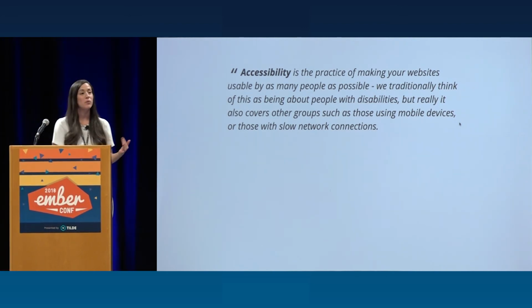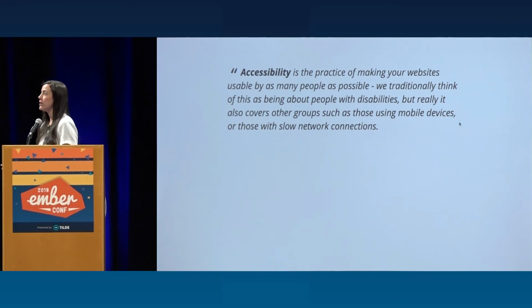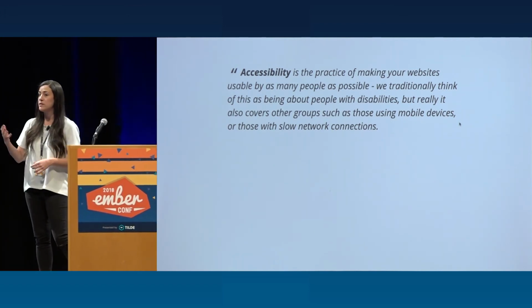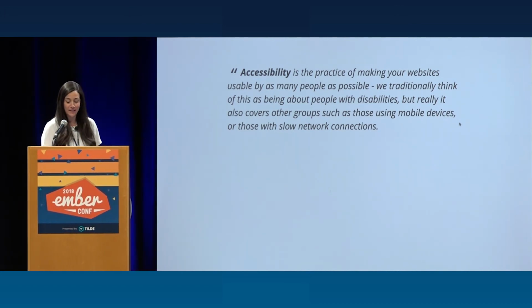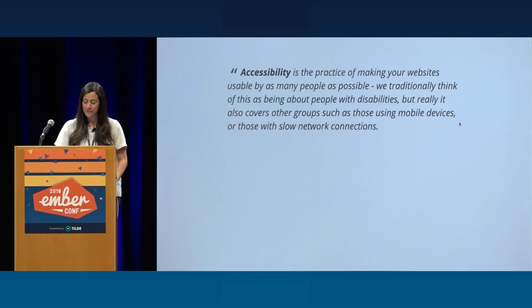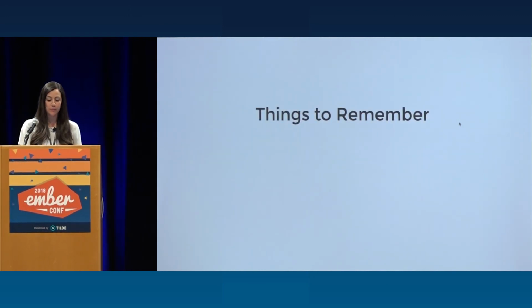It's also about people in other geographic locations that might have access only to mobile phones or slow internet connections. So we want to make sure that we are designing for those people as well. Not everyone has great Wi-Fi speed. So, things to remember on those two topics.